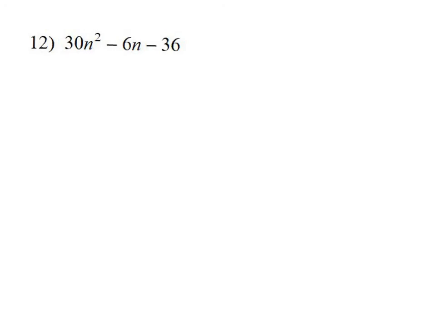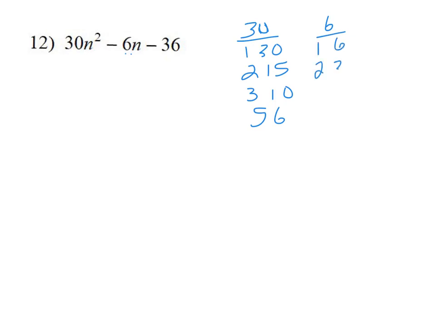Alright, so this one we're going to use the AC method, but once again we want to check for greatest common factor. So we have 36 and 36. So let's do 30. We have 1 and 30, 2 and 15, 3 and 10, 5 and 6. Ooh, that's great because we have 6 and we know our factors are 1 and 6, 2 and 3.